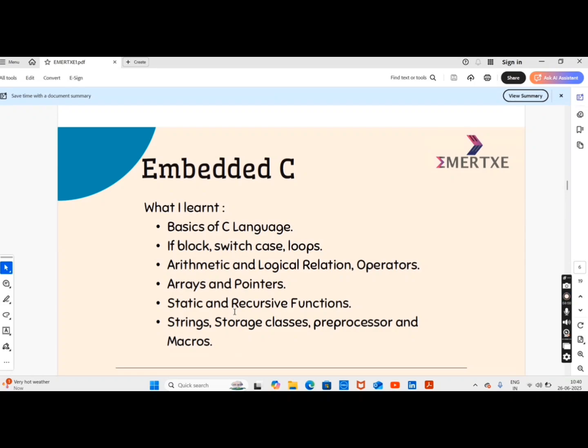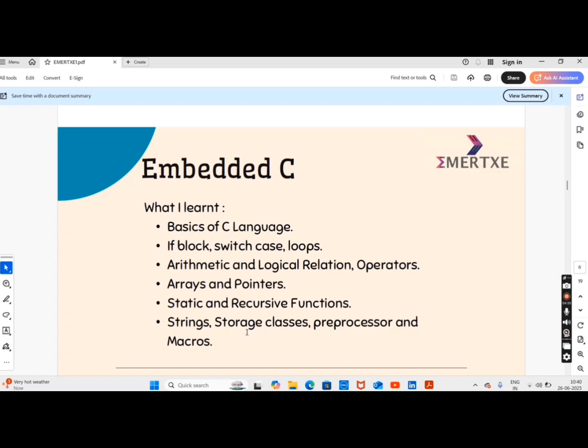What is embedded C? Embedded C is a basic language which we use in our embedded system program or project. In embedded C, we learn about blocks, switch case and loops, arithmetic and logical relational operators, arrays and pointers, static and recursive functions, strings, storage classes, preprocessor, and macros.